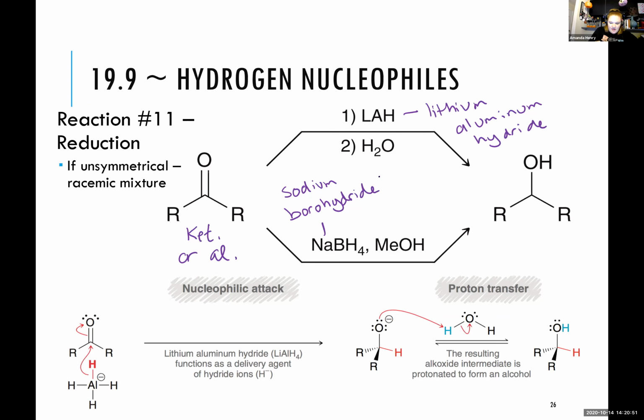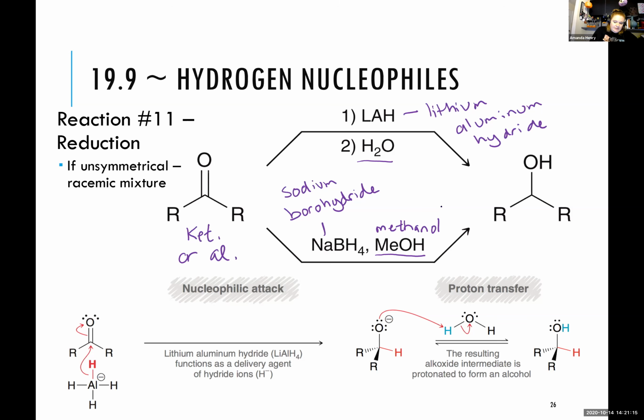And then they both have a hydrogen source. So in the first set of reagents, we're adding water. And then in the second set of reagents, we are adding methanol. They're serving the same purpose, though. They're both going to be a hydrogen source. These look like very different reagents, but we're going to talk about what makes them very similar, makes them react the same.